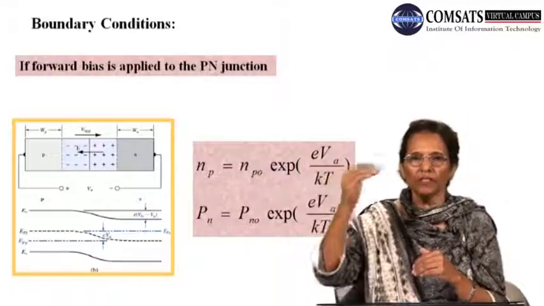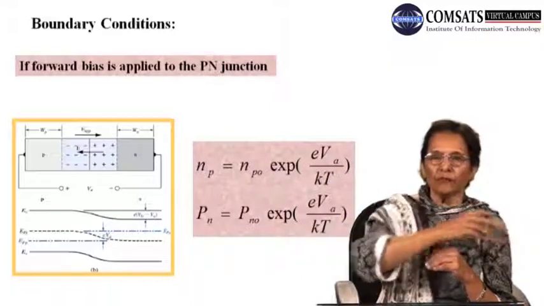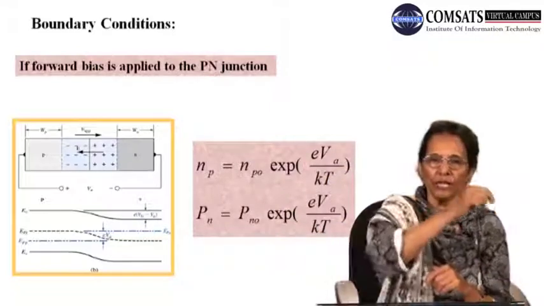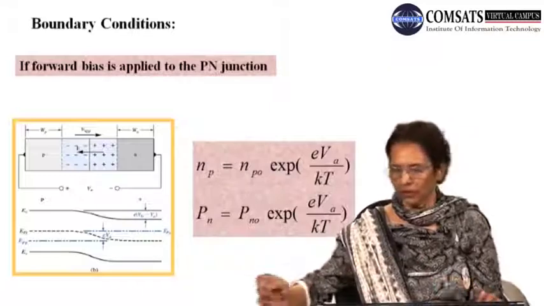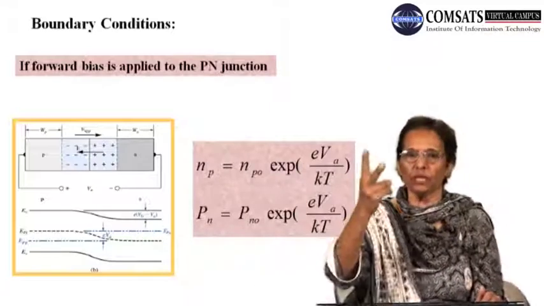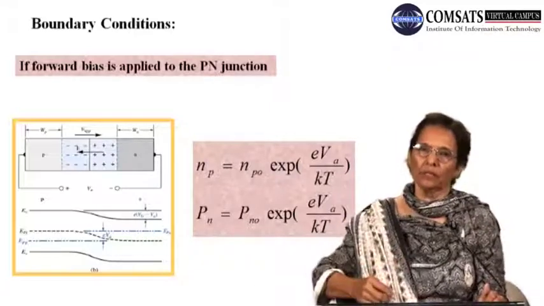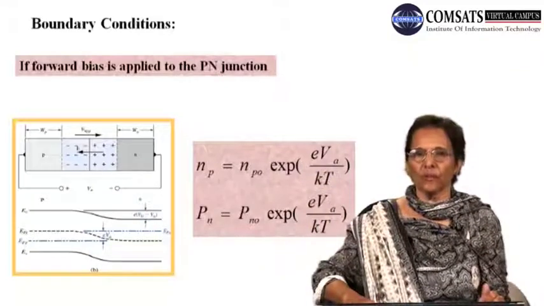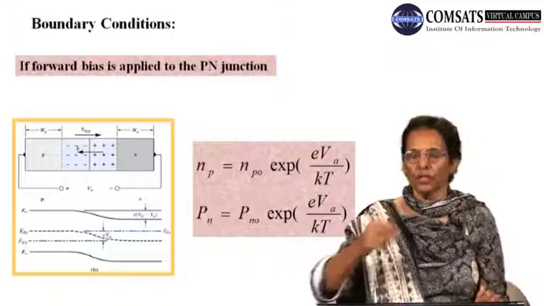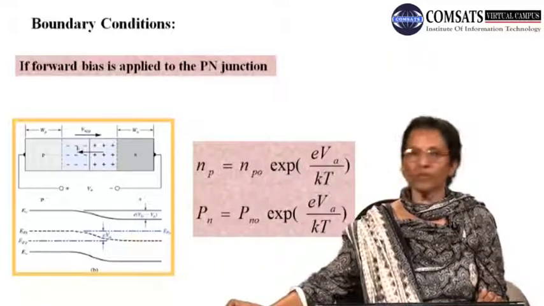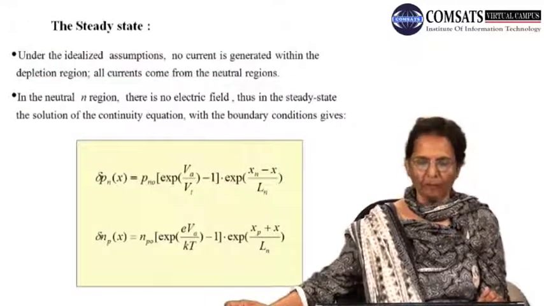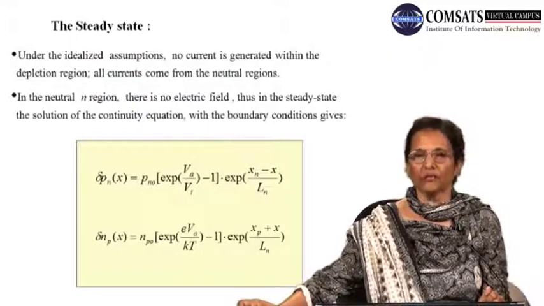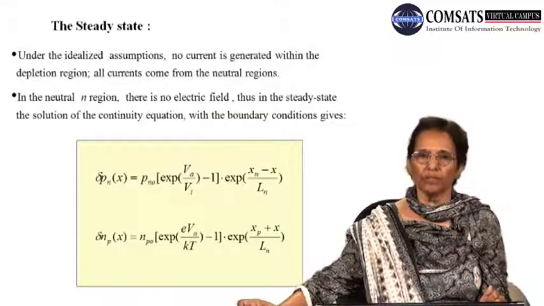When holes from the P region are injected due to the forward bias into the N region, they are termed minorities. So these two relationships between the built-in potential and injected minority carriers in a forward-biased junction constitute the basic relations in deriving the quantitative current flowing in a PN junction.